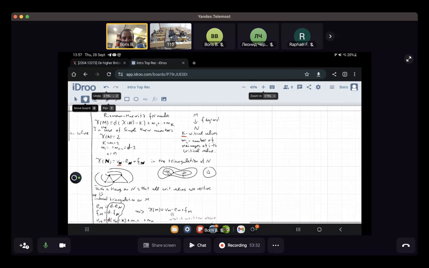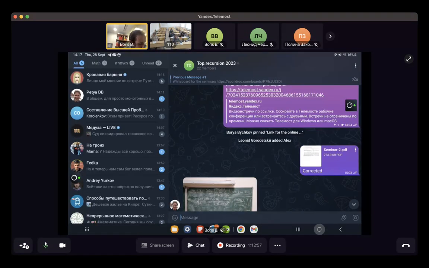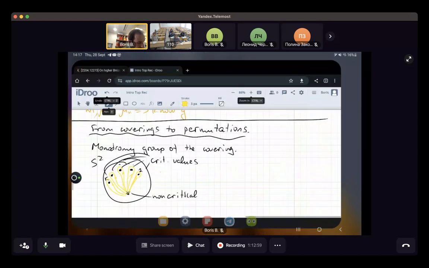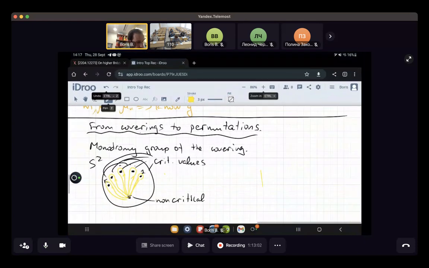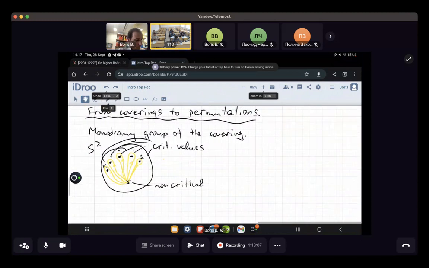Each of these permutations, which correspond to each of these loops, is connected to the ramification profile of each of these points as follows.